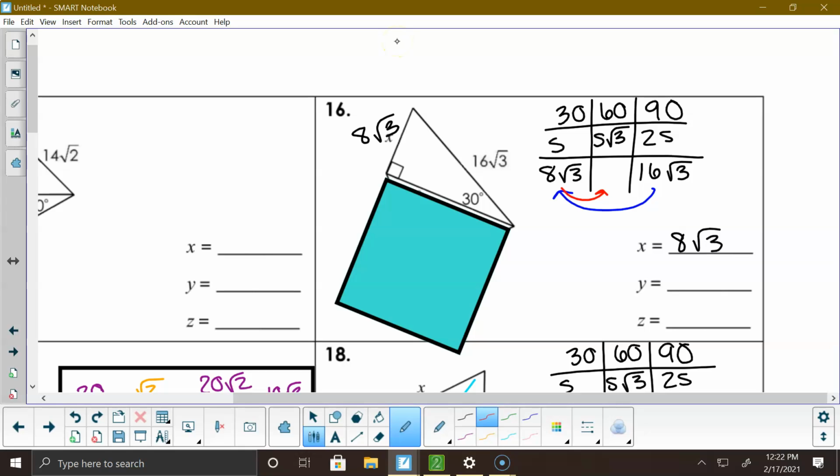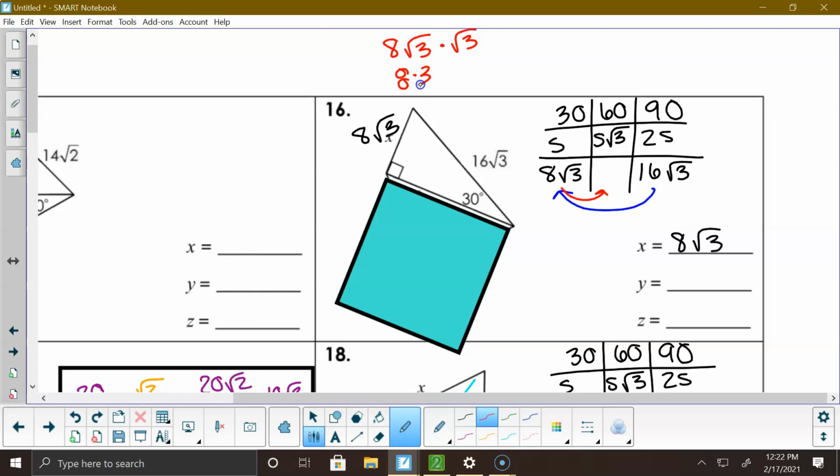So what do you guys think I'm going to have to do? Yep. So Carly, I've got square root of 3 times 8 root 3. So what's square root of 3 times square root of 3? Yep. What's square root of 9?